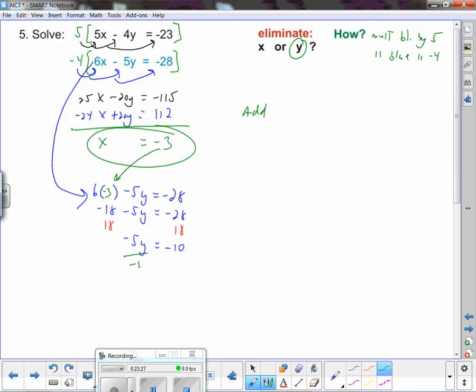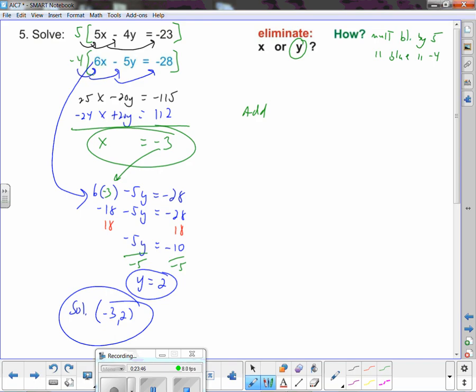Let's divide both sides by negative 5. And when you have y equals 2, what's your final answer? Solution to this is the point of intersection where the x coordinate is negative 3 and the y coordinate is 2. Did you get it correct? I hope you did. Hey, that's the elimination method.